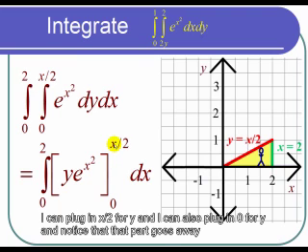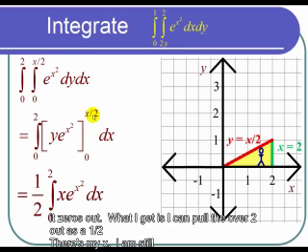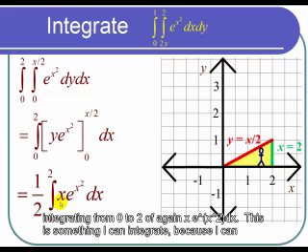So I plug in x over 2 for y, and I can also plug in 0 for y, and notice that that part just zeroes out. So I can pull the over 2 out as a 1/2. There's my x. And I'm still integrating from 0 to 2 of x e to the x squared dx.